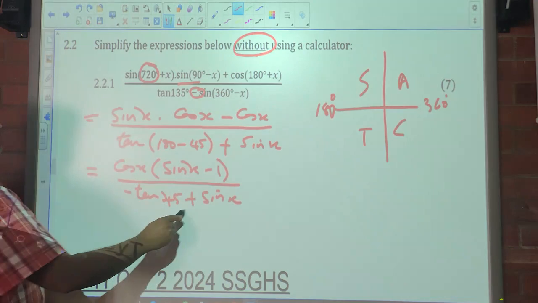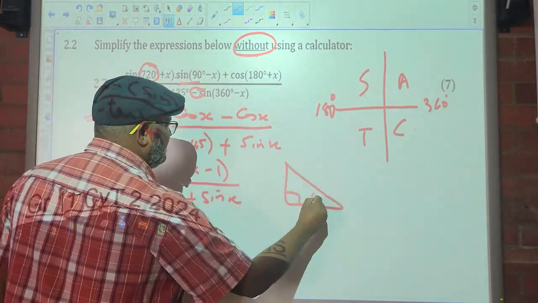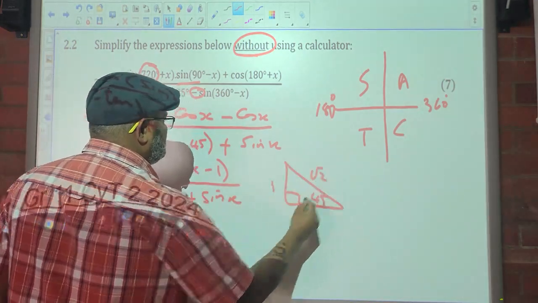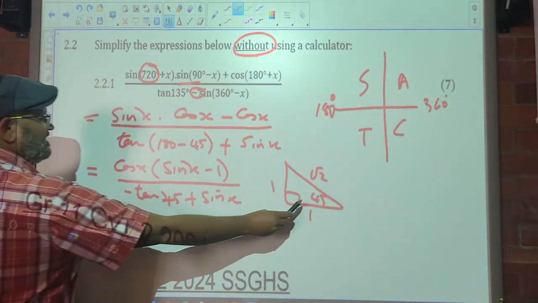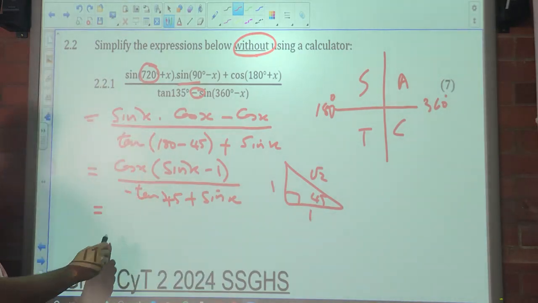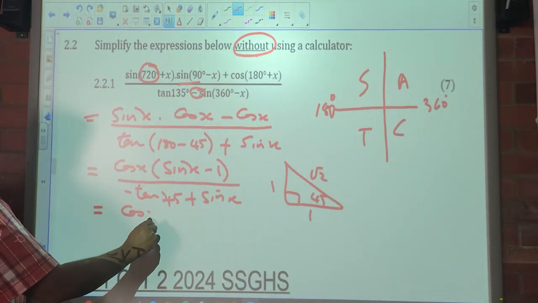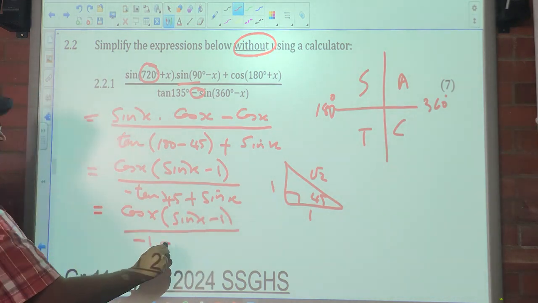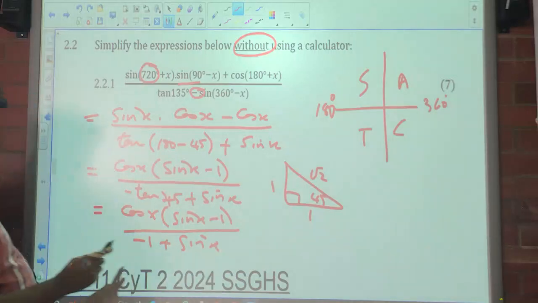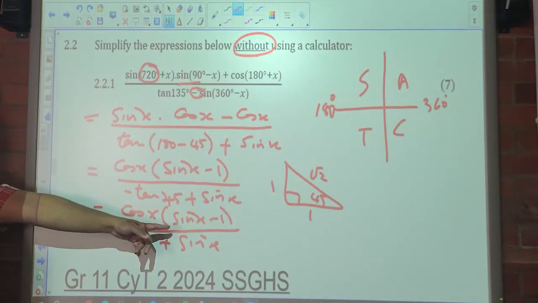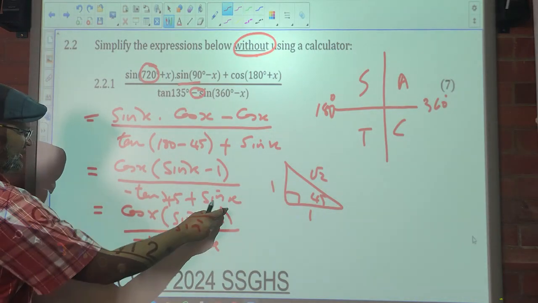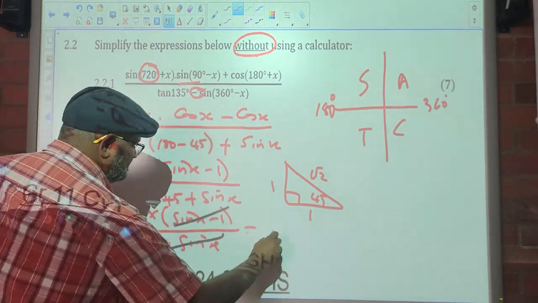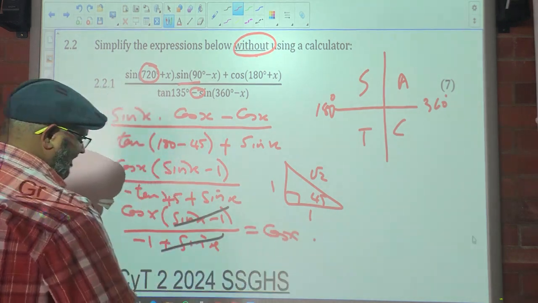Now 45 takes you where? Special triangle. That is your isosceles triangle there. What is tan of 45? 1 over 1. So it's cos x into sine x minus 1 over negative 1 plus sine x. So hang on. Sine x minus 1 cancels with minus 1 plus sine x. The answer is cos x.